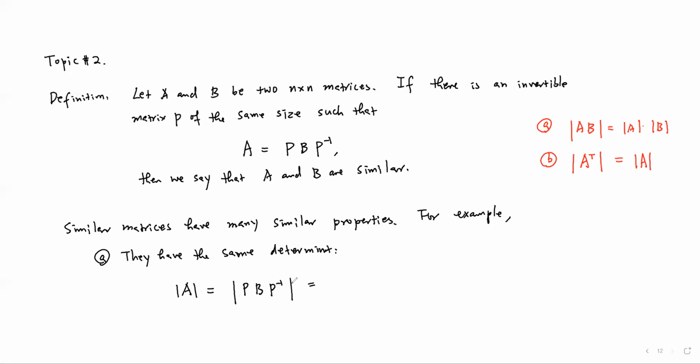Okay, now let me use property A. A product then determinant is equal to the product of determinants. Remember, determinant is a number. So this number times this number times this number, I can move this number here.